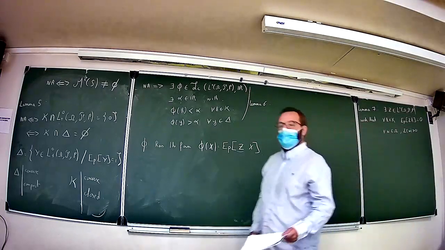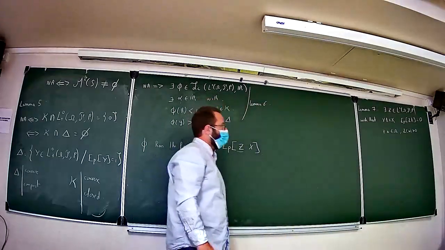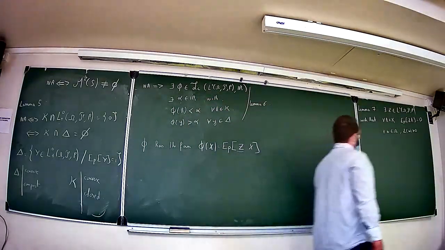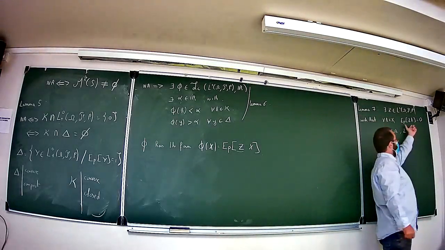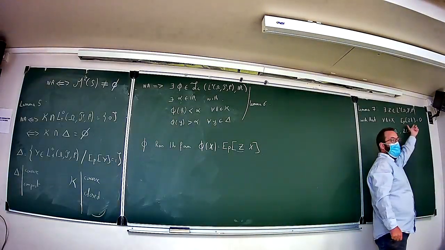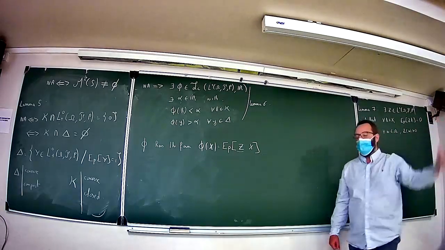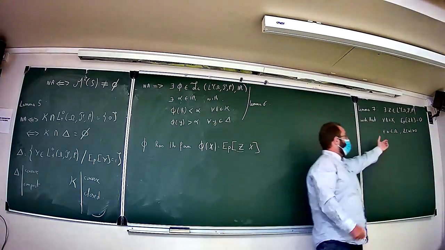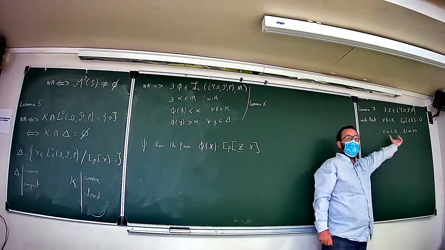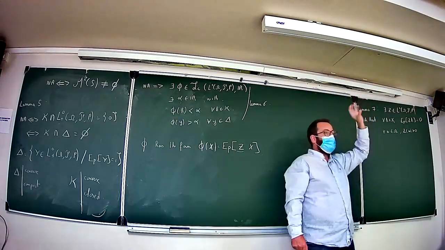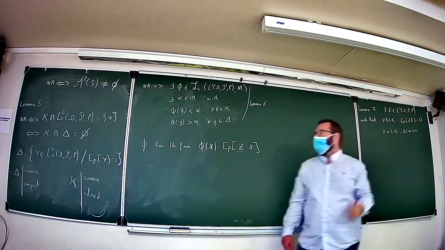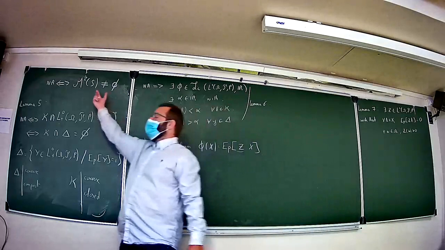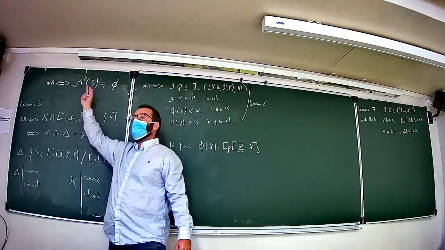So I have to prove two things: that there exists a Z such that the expectation of Zk is 0 for any k in calligraphic K, and such that Z is always strictly positive. Keep in mind that what I have in mind is to find an equivalent martingale measure.